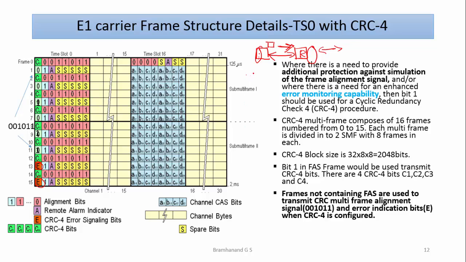These 16 frames are considered as one multi-frame, and these 8 frames are considered as a sub-multi-frame. So the logic of CRC is exchanged for every 8 frames. So when an error is received, we will understand that it is for the previous sub-multi-frame.